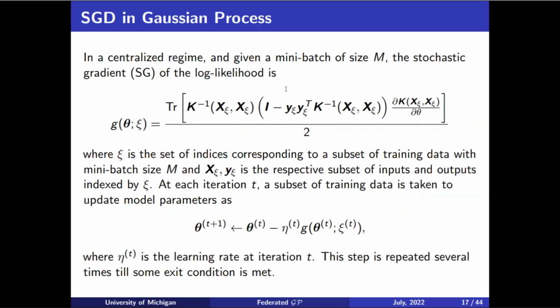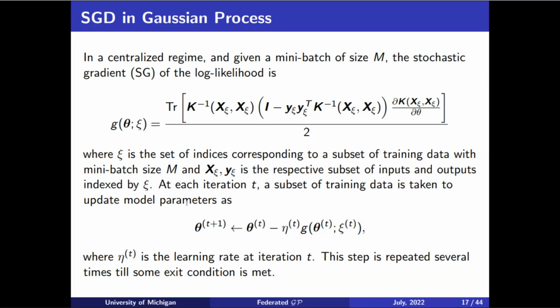First, let me talk about SGD of the Gaussian process in a centralized regime. Given a mini batch of size m, the stochastic gradient of the log likelihood function is given as follows, where psi is a set of indices corresponding to a subset of training data, with a mini batch size m, and x_psi and y_psi are a subset of input and output indexed by psi.